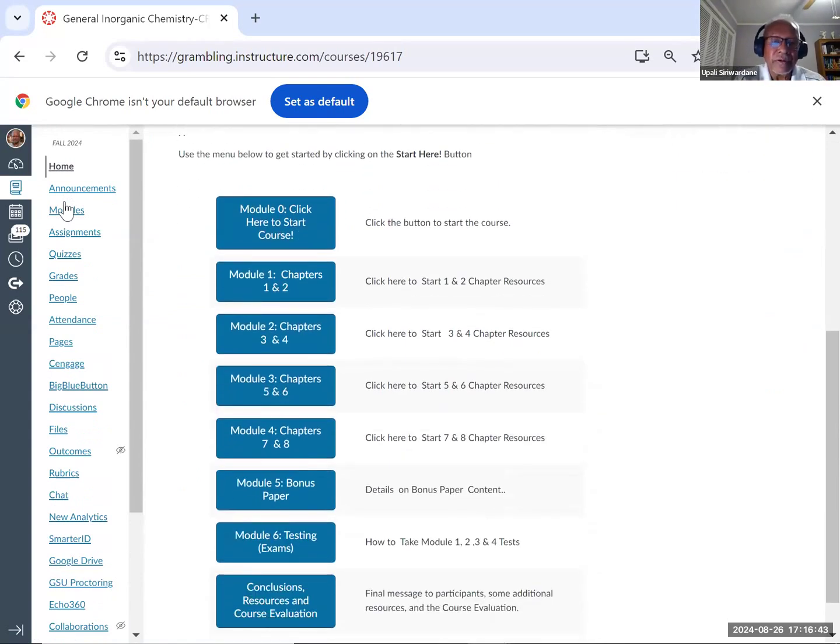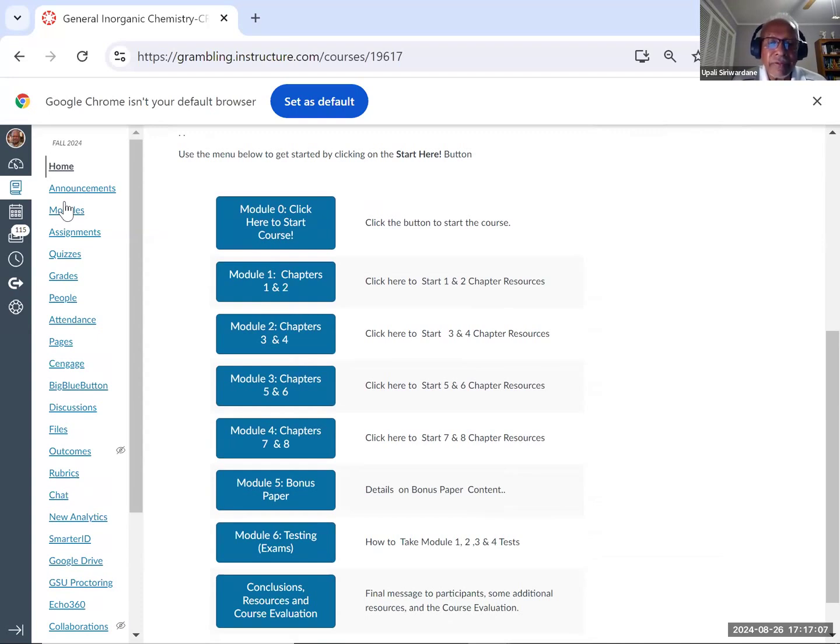Basically, module 1, module 2, module 3, and module 4 are the important modules. Module 0 is just the introduction to course. Module 1 is dealing with chapter 1 and 2 material. So module 1 is the one we're going to start with.